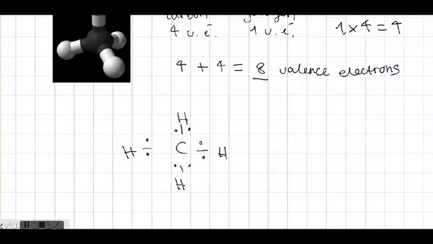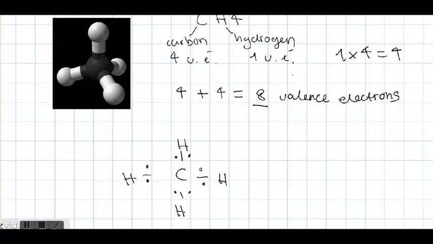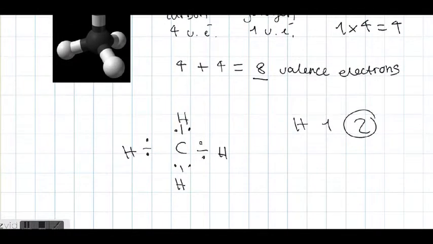Now, for hydrogen, we know that it has 1 valence electron. But we also know that it wants 2 valence electrons for a full outer shell. Hydrogen would be very happy if it had 2. We also know that carbon has 4 valence electrons, but it would love to have 8 valence electrons.